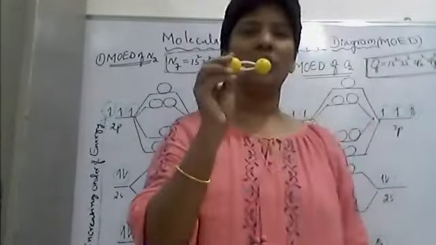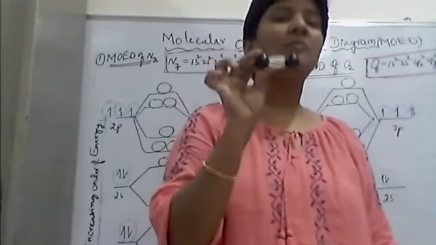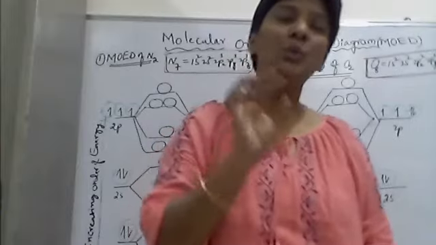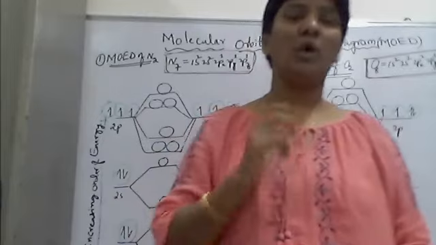If you consider these as 2 carbon atoms, it is a C≡C triple bond. Or if you consider these two black balls as nitrogen, it is N≡N triple bond, N2, where you have between the two nitrogen atoms 3 bonds, so the bond order is 3. So what is bond order? The number of bonds between two covalently bonded atoms is called bond order.